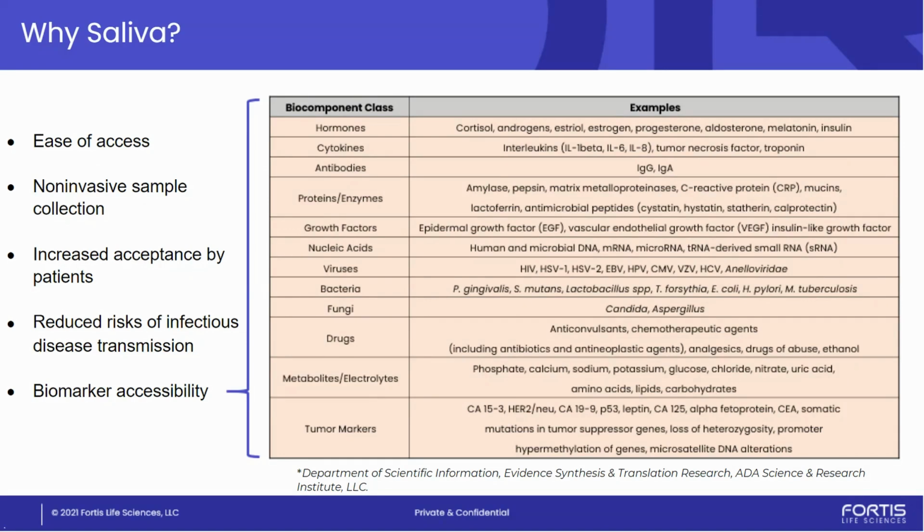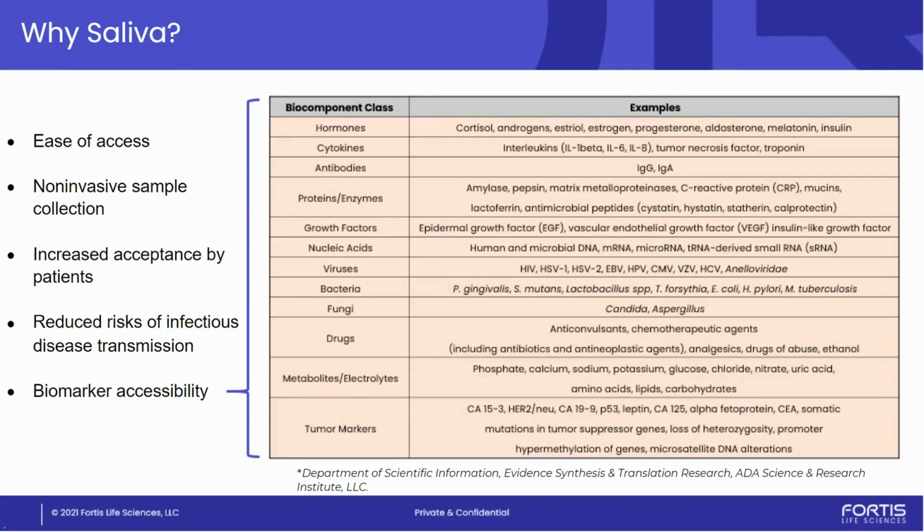So why saliva over a nasal swab, urine, or other matrices that are in this OTC space already? It's because of the reasons on the left of this slide, which is ease of access. Lots of sample is readily available, and it's non-invasive, meaning that there is no lancet or collection method that people typically have an issue with.